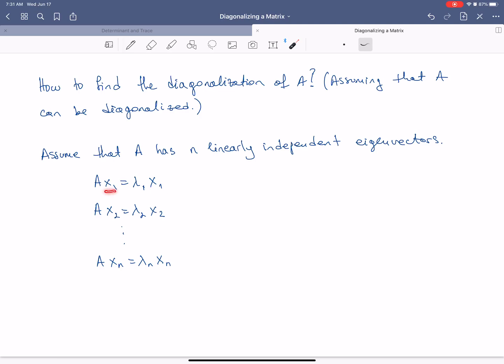So if we put these vectors as the columns of a matrix, X, for example, so let's say A times, now I will put these vectors x1, x2, all the way to xn in one matrix. I will call that matrix X, the eigenvector matrix.